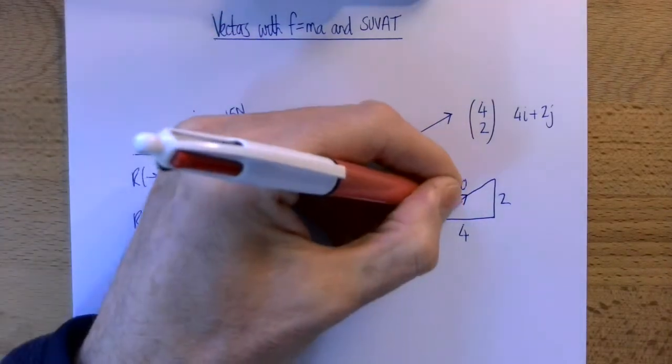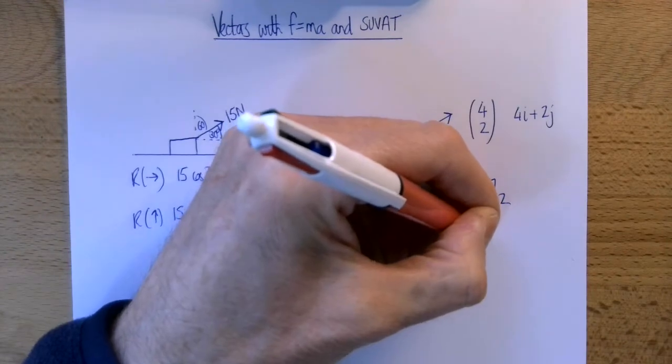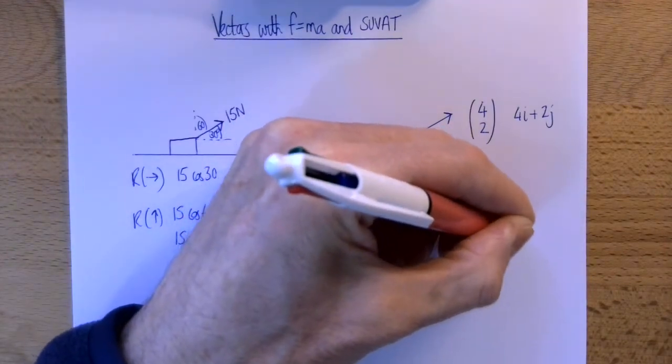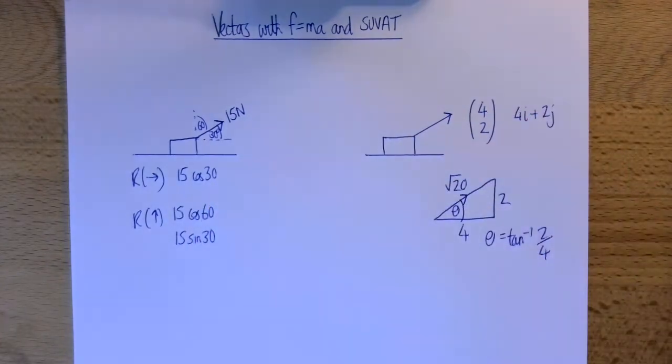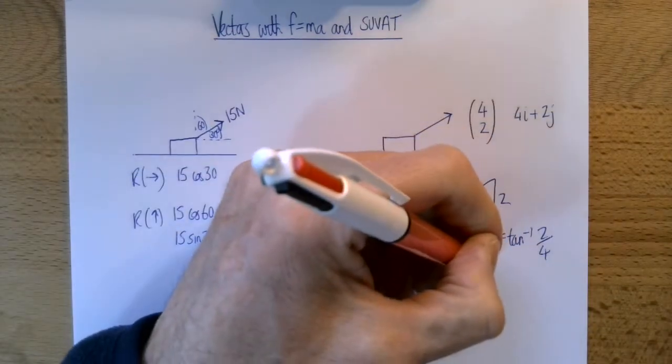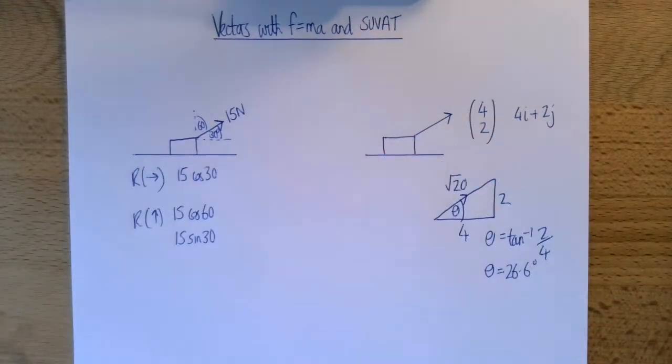And I can work out the angle of that force because it's tan to the minus 1 of 2 over 4. And I guess I really should know what shift tan of a half is, but I'm going to do it anyway. So shift tan 0.5. There we go. So that's all good.